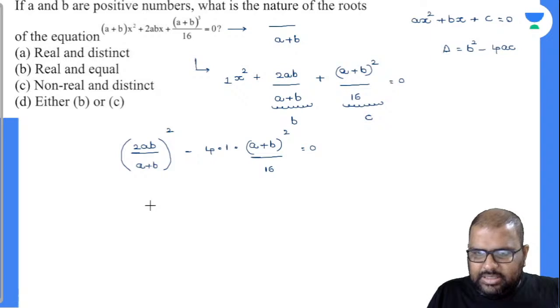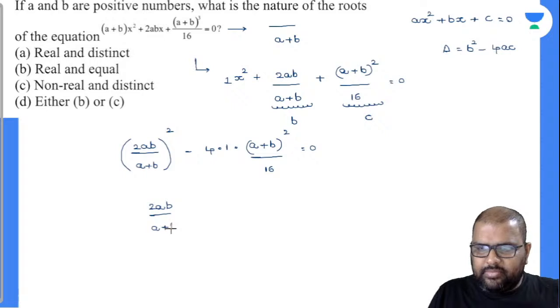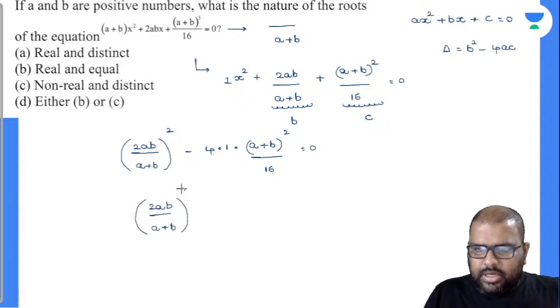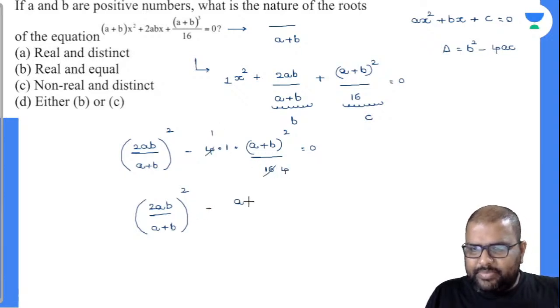Now, can I write down the same equation like this? 2ab divided by a plus b whole square minus 4 ones are, 4 fours are. So can I write this as a plus b divided by 2 whole square?